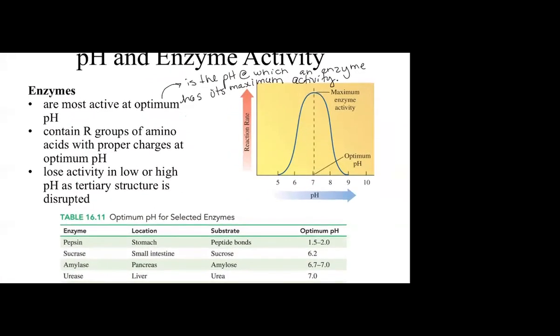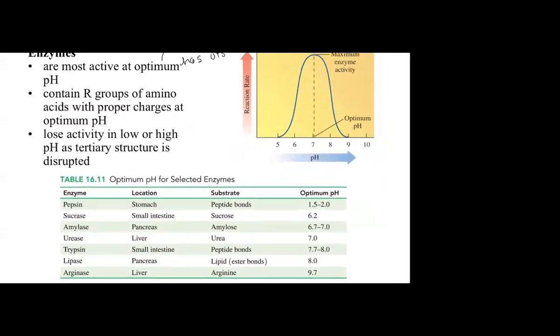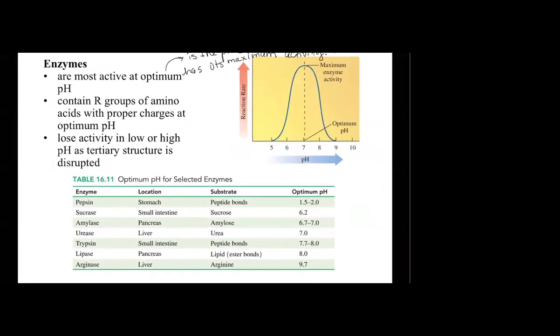So when we look at table 16.11, we can see that, for example, we discussed back in chapter 10 how the stomach has gastric juices, and those gastric juices have HCl in them. We know that HCl is a strong acid.